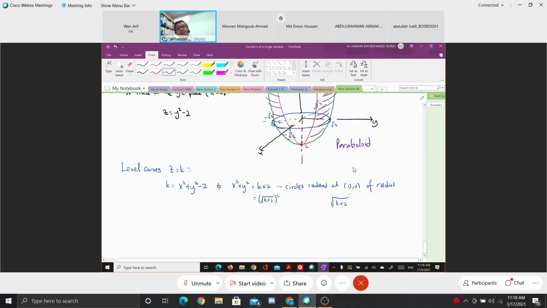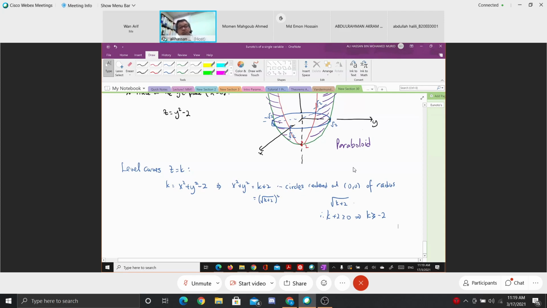In order for this radius to be meaningful, k plus 2 must be greater than or equal to 0. That means k is greater than or equal to minus 2.